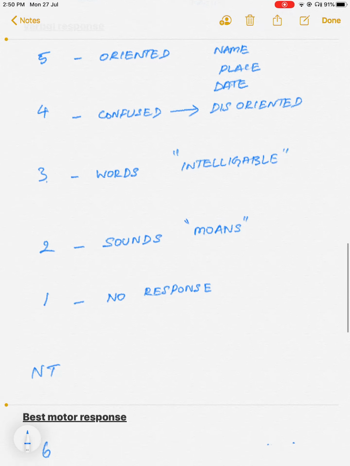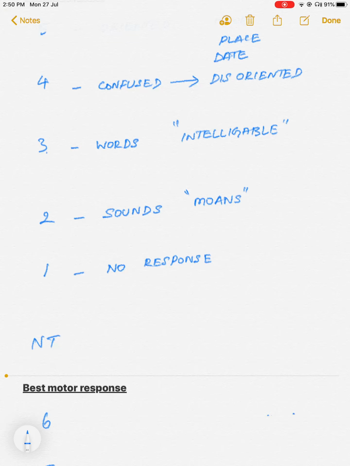Again, if some factor were there which interferes with communication, then you call it NT. For example, here we are checking the verbal response.